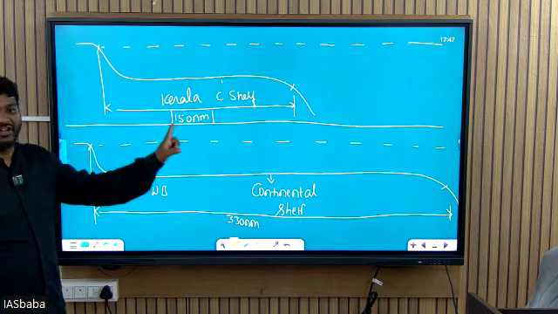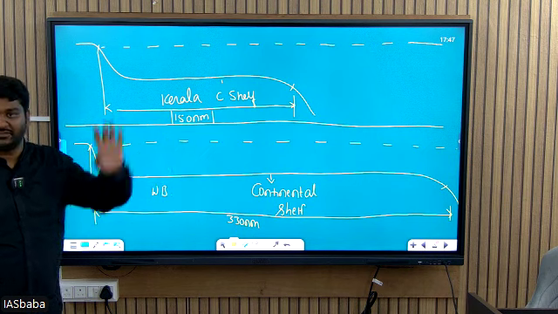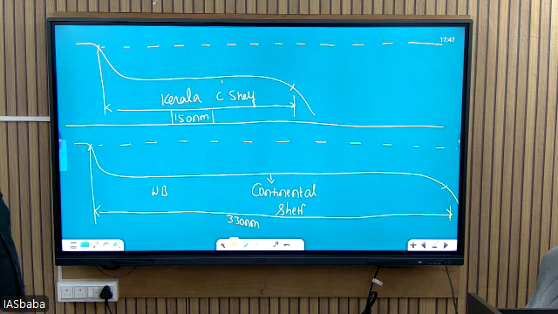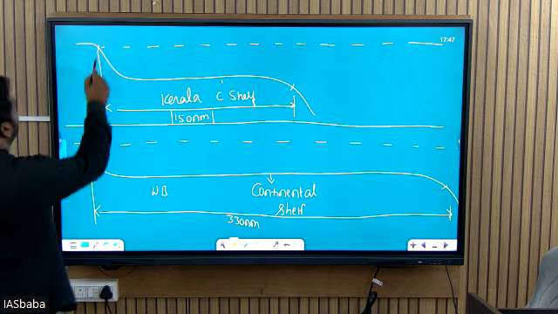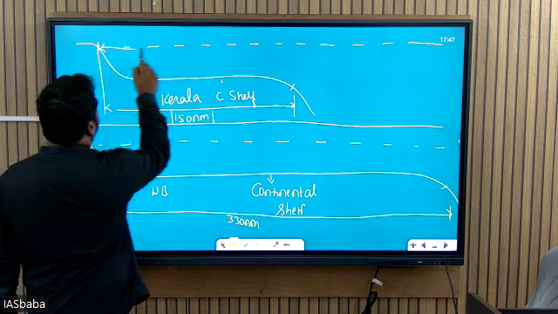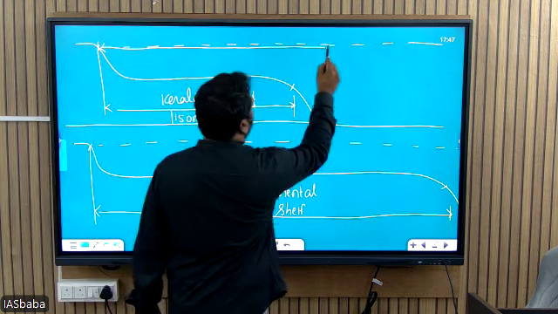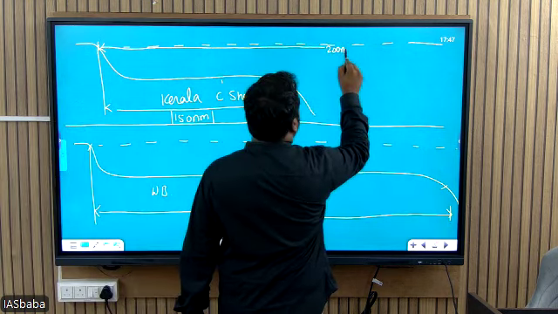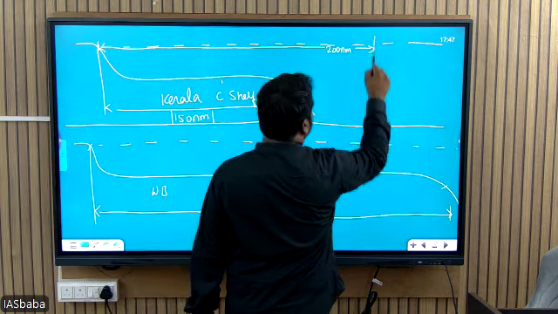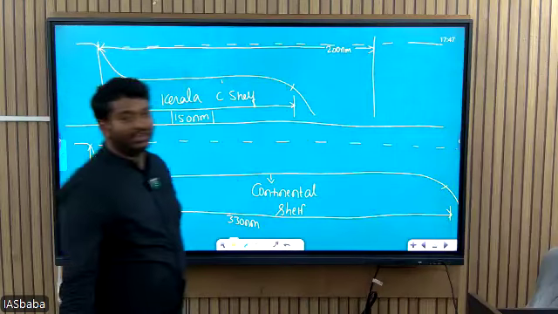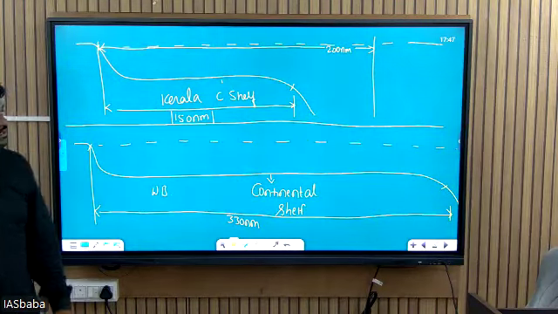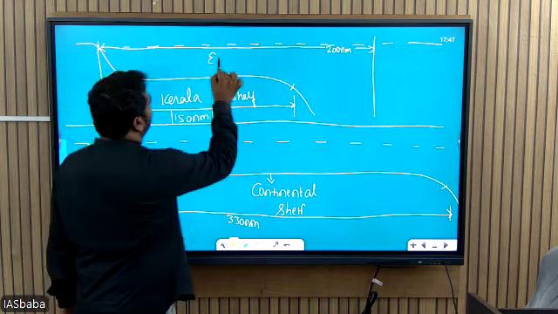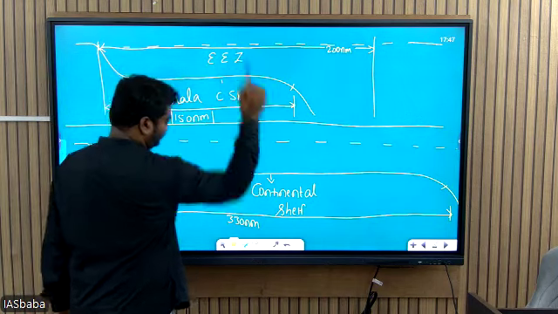In Kerala, the continental shelf is just 150 nautical miles. Now, what is the exclusive economic zone? 200 nautical miles. So what they did, they told, okay, 200 nautical miles is yours. This is your exclusive economic zone.